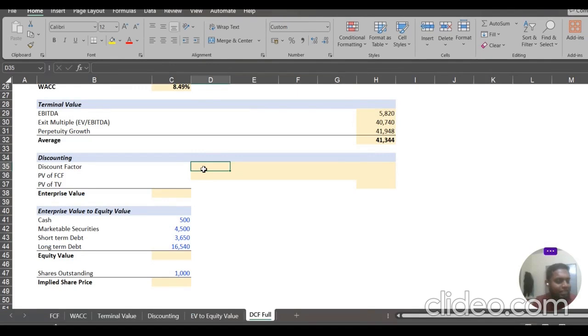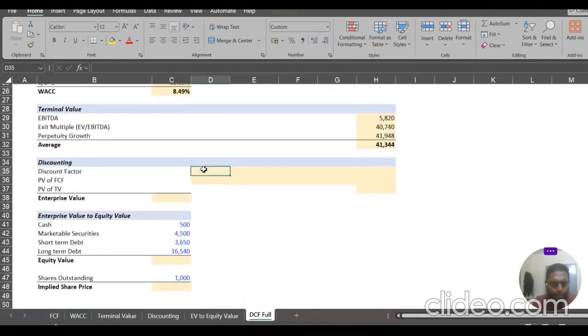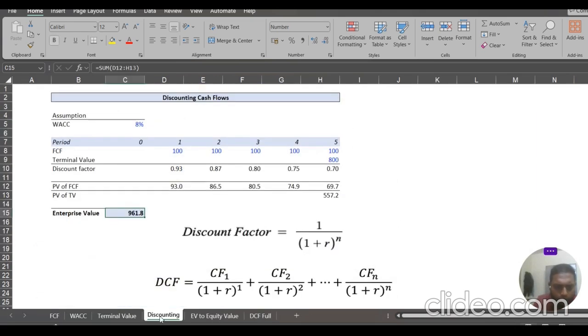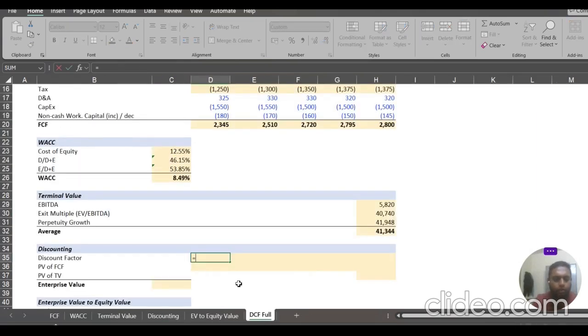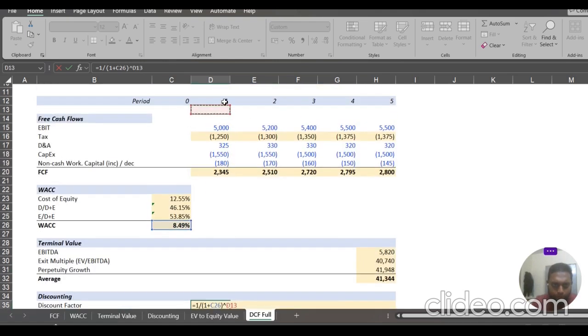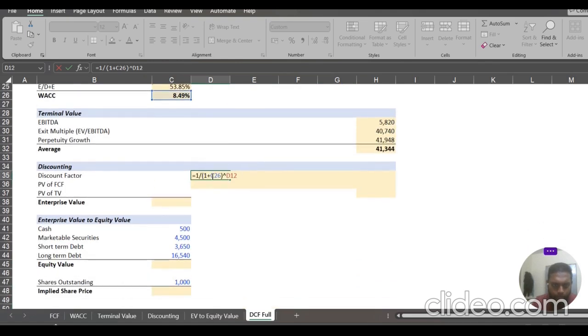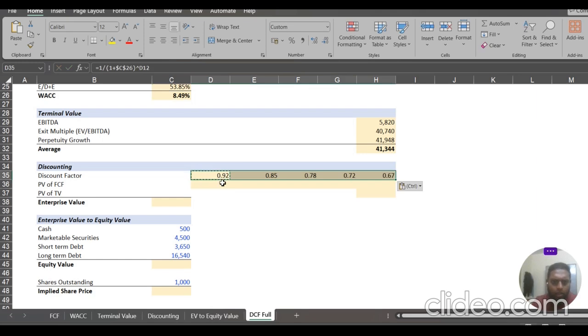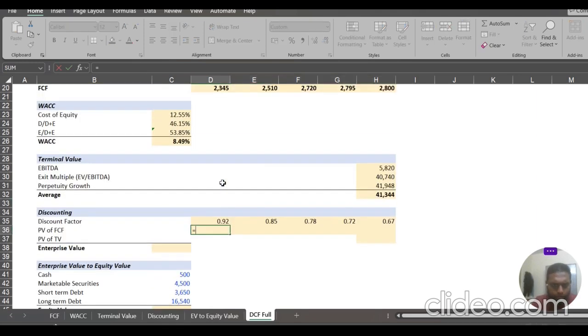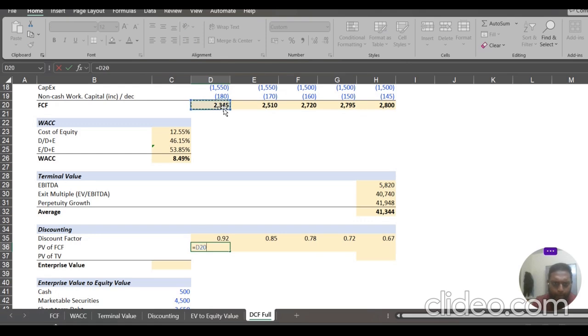For the discounting factor, it is 1 by 1 plus WACC raised to the power of the period. Referencing this present value into the discount factor.